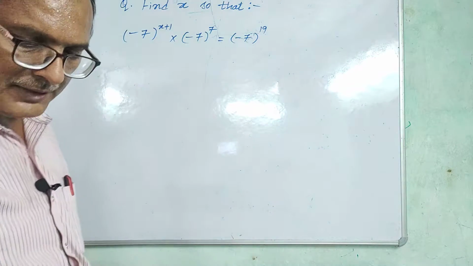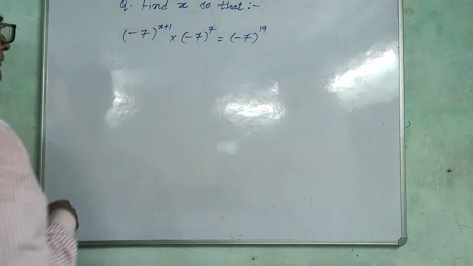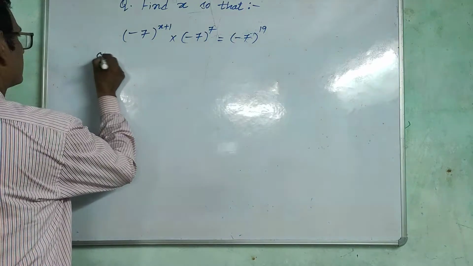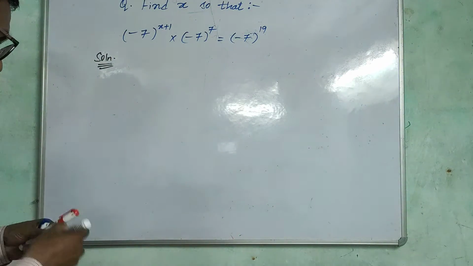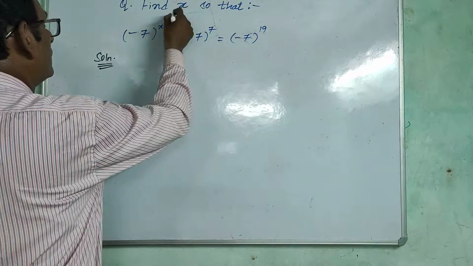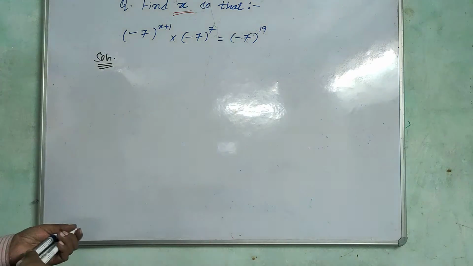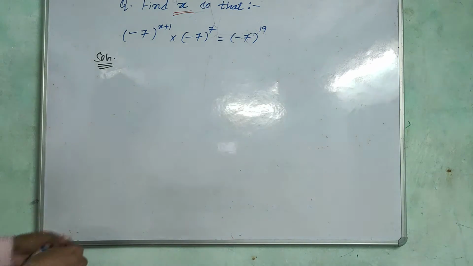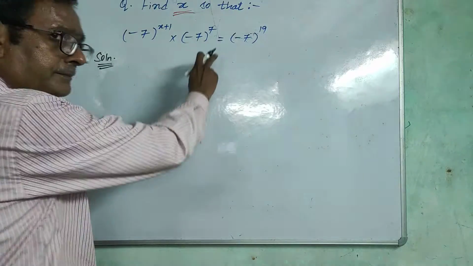Now we have to find the value of x in this case. For solution, we try and see what kind of bases are there. First of all, this is the equal to sign.